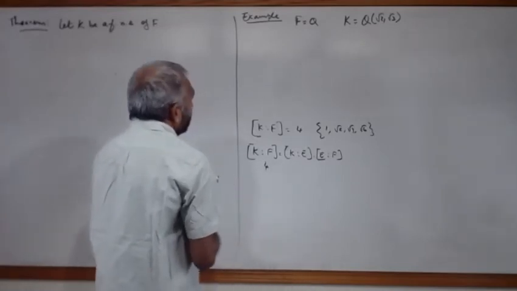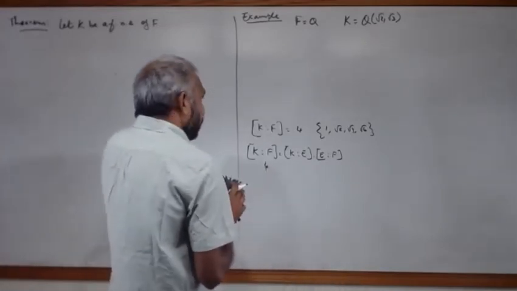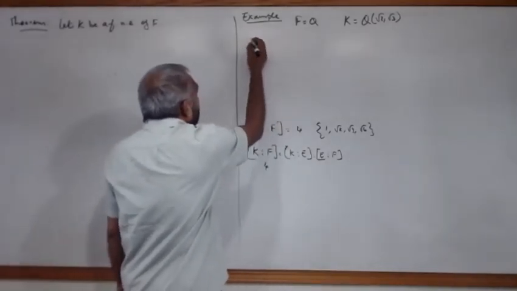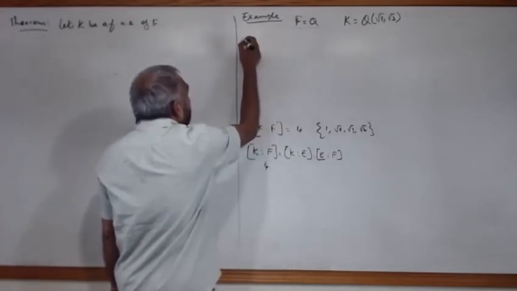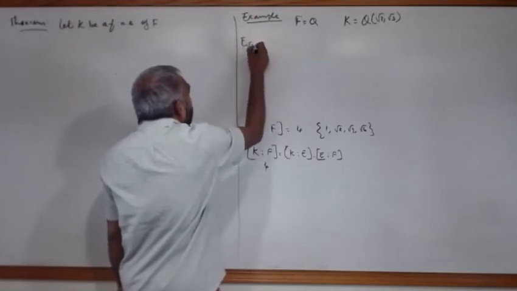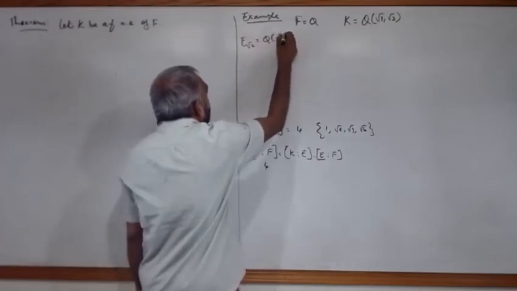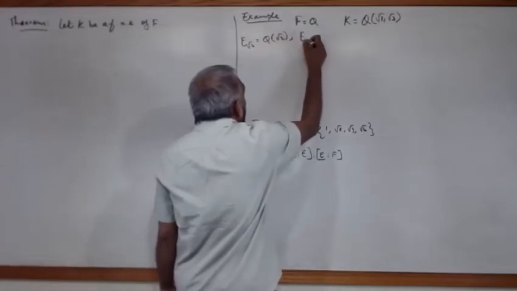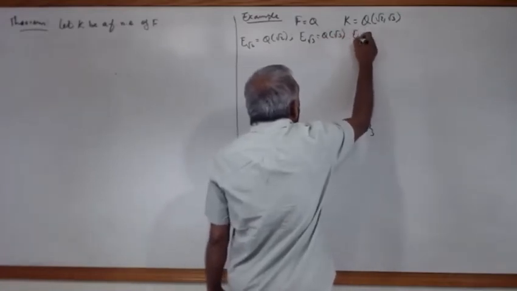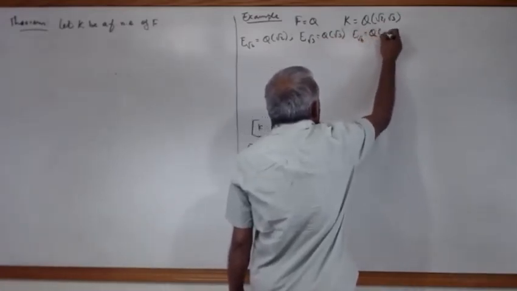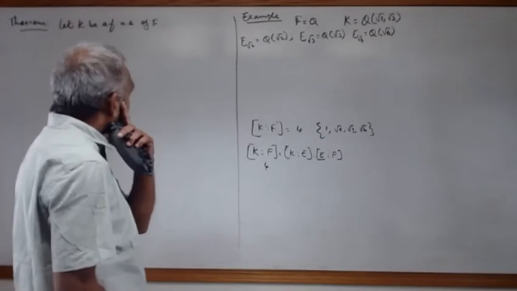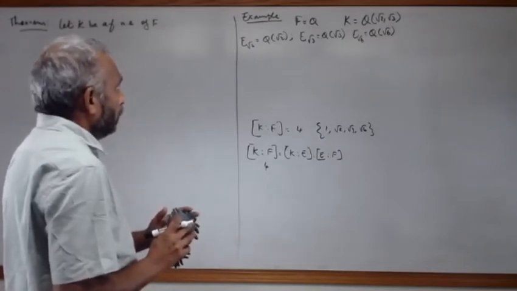So what are the possible non-trivial extensions of F? The non-trivial extensions of F are, we'll write it as E root 2 is equal to Q of root 2, E root 3 is equal to Q of root 3, E root 6 is equal to Q of root 6. These are the only ones.